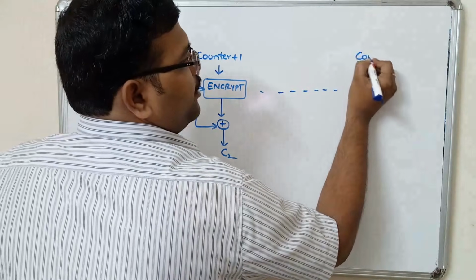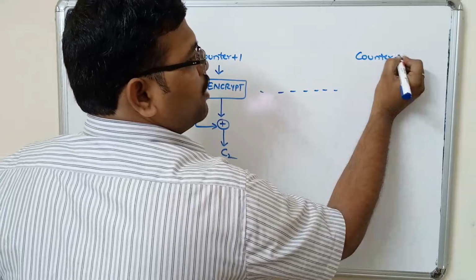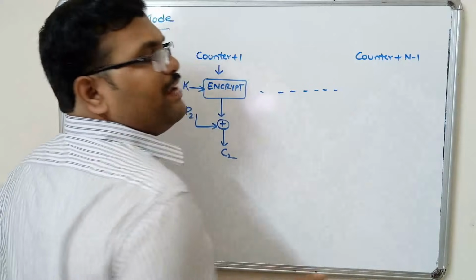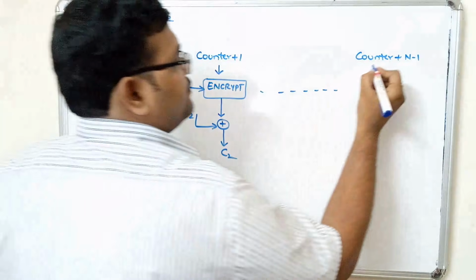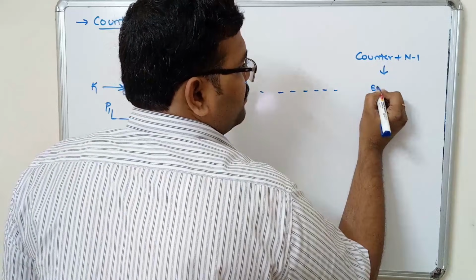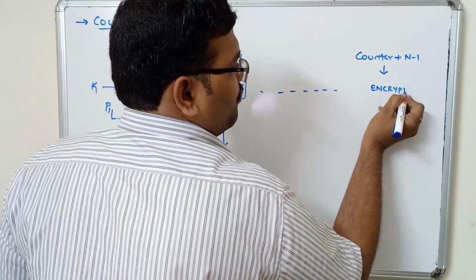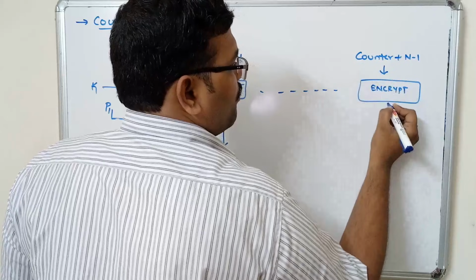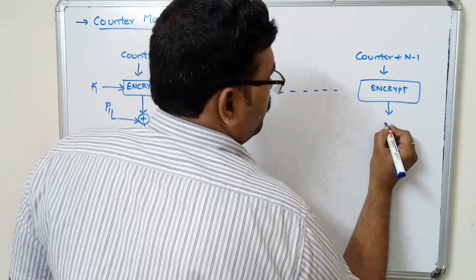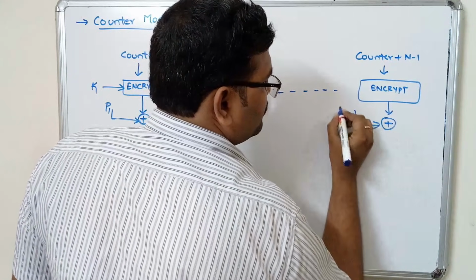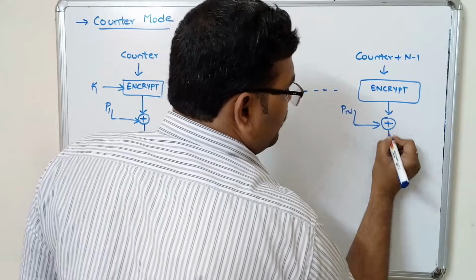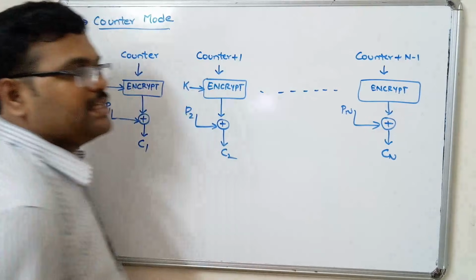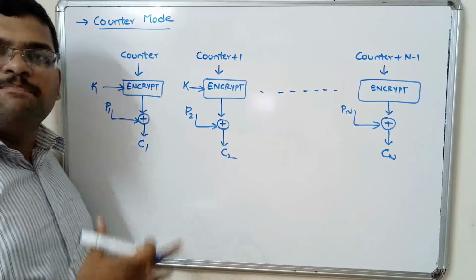This process will be continued until the last block, that is counter plus n minus 1, if n blocks are there. Apply the encryption, and the output will be XORed with the plain text block Pn, so that we will get the ciphertext Cn. So this is a simple thing.